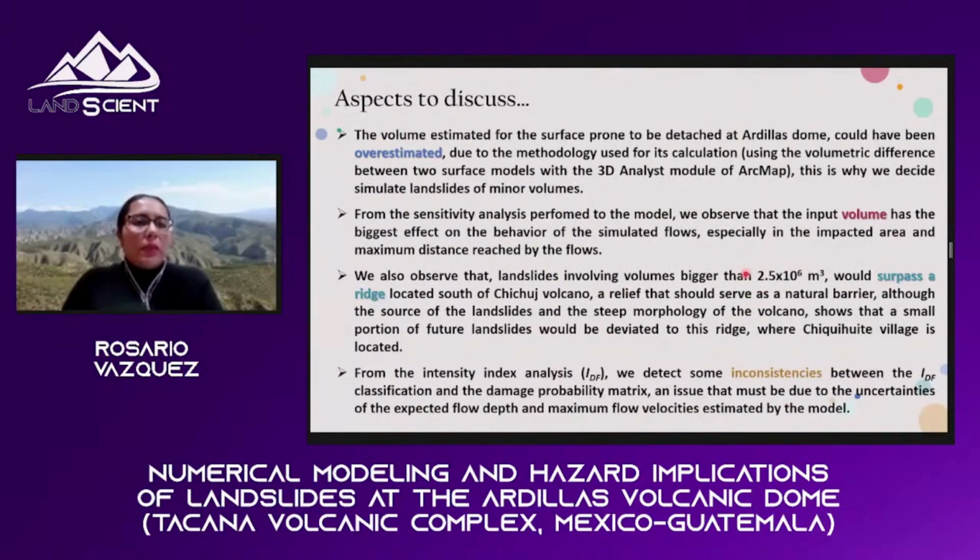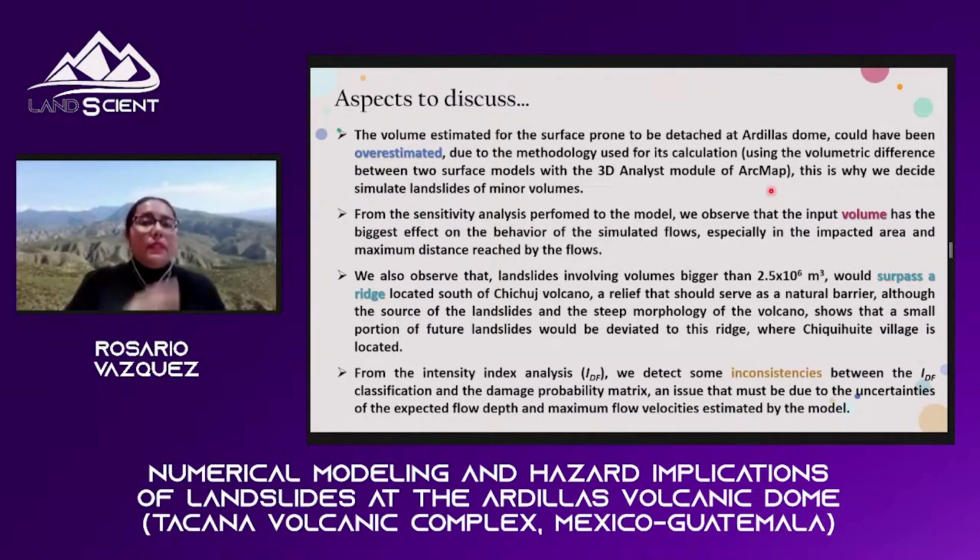So some aspects to discuss. Well, as I already mentioned it, the volume of the surface prone to be detached in the southeastern side of the Ardillas Dome could have been overestimated due to the methodology that we use for its calculation. The tools that are set within the 3D analyst module of ArcMap uses the volumetric difference between two surface models.